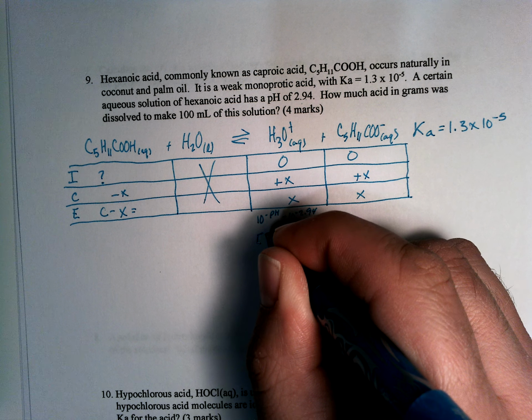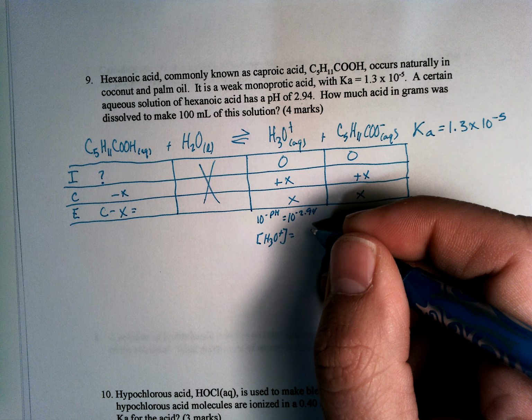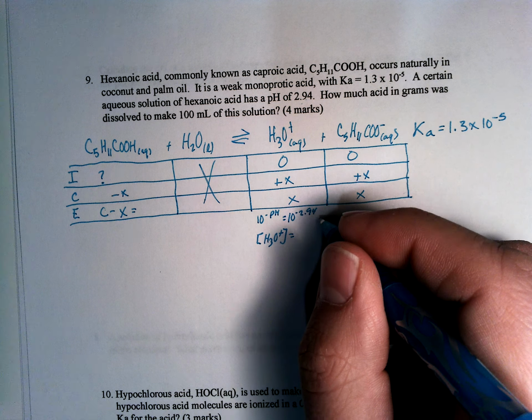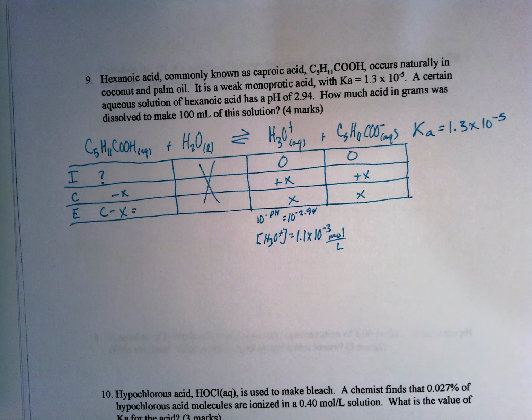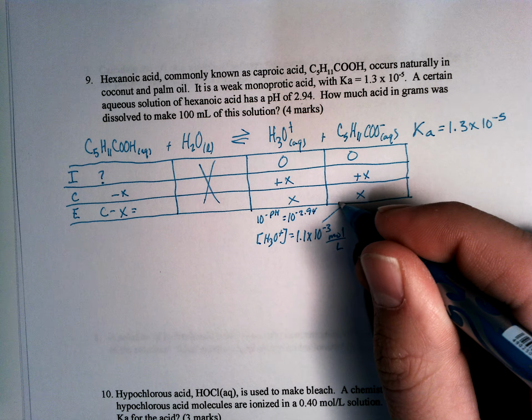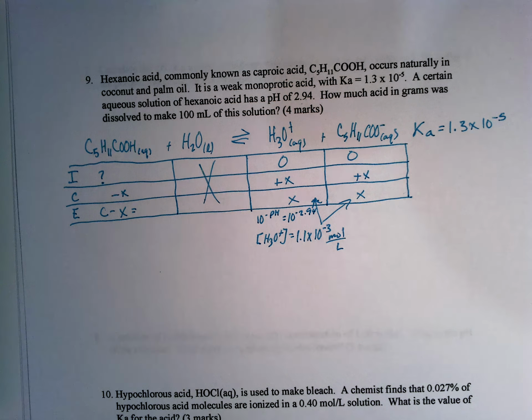Our hydronium concentration is equal to 1.1 times 10 to the minus 3 moles per liter. So that's our concentration of hydronium just by using our pH, which means that's also this concentration. So both of these we have that concentration.